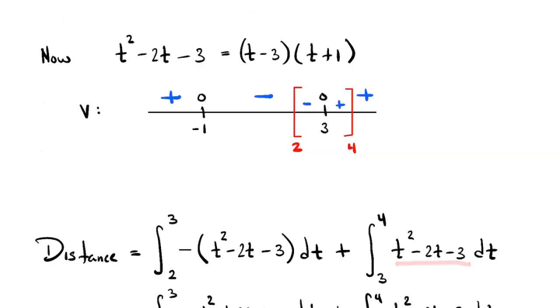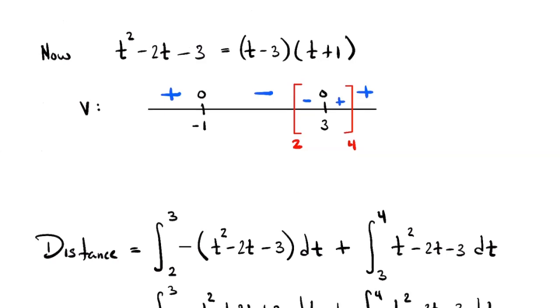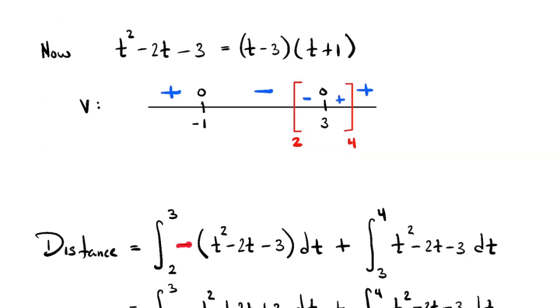Okay, so that's in general how you integrate an absolute value of something. You have to first determine where the something is positive and where it is negative. Everywhere it's negative, when you replace the absolute values, you replace the expression with its opposite. Everywhere it's positive, you just replace the expression with itself.